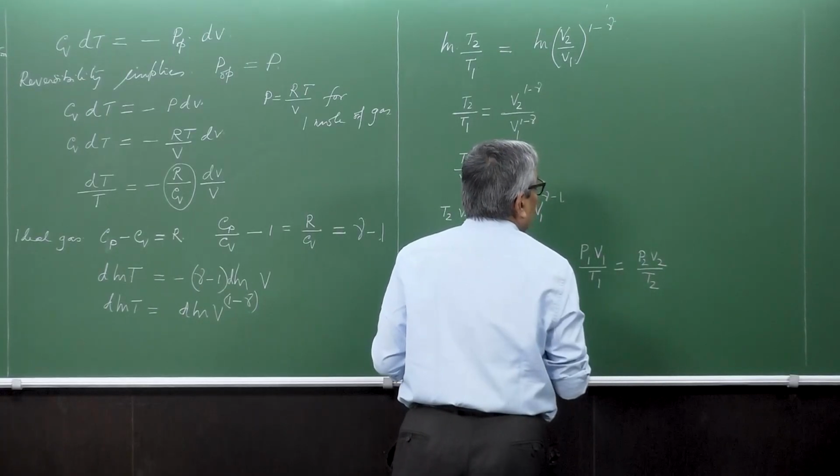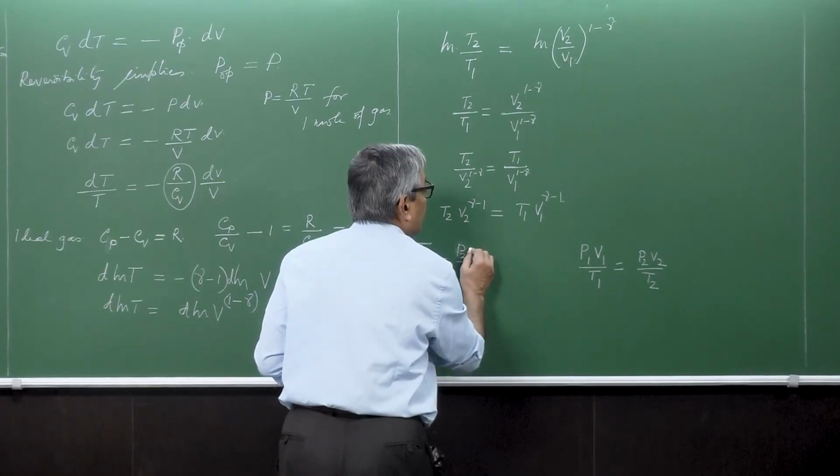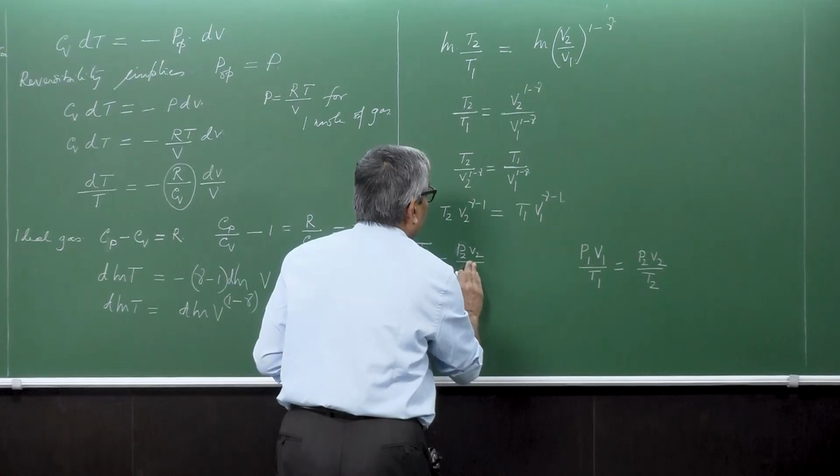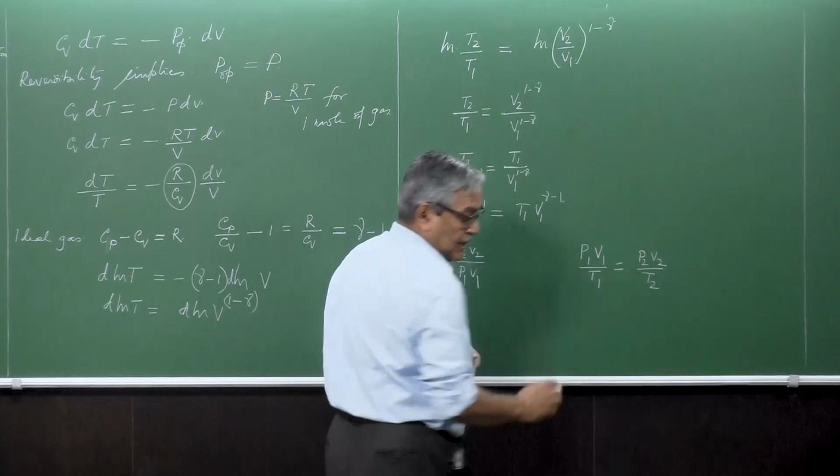So T2 by T1 is basically P2 V2 by P1 V1.